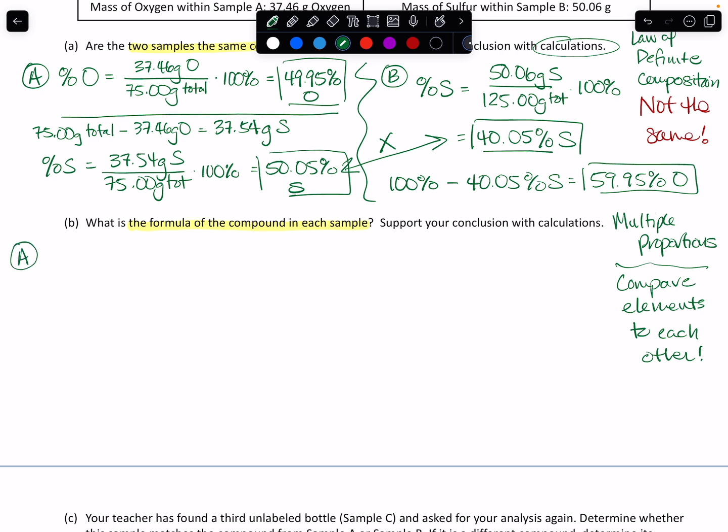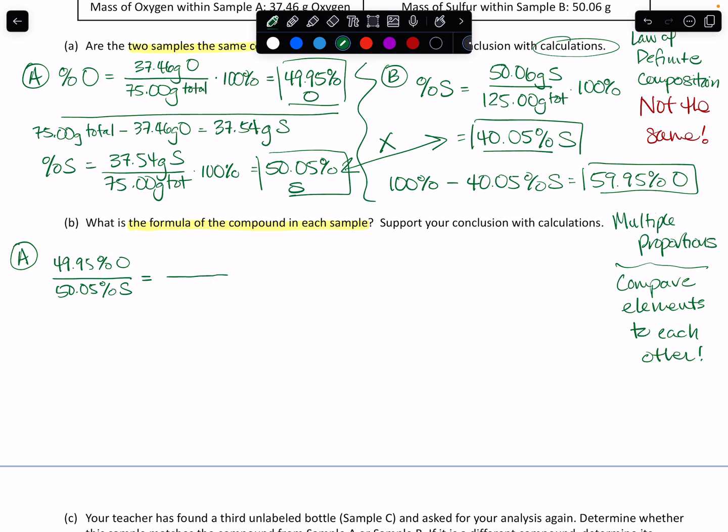Because in part A, I determined the percentages of each element within the compound, I can use those. I can say 49.95% oxygen divided by 50.05% sulfur. And I'm going to set that in ratio to the mass of one atom of sulfur and figure out, well, then what is the mass of oxygen present within that sample?